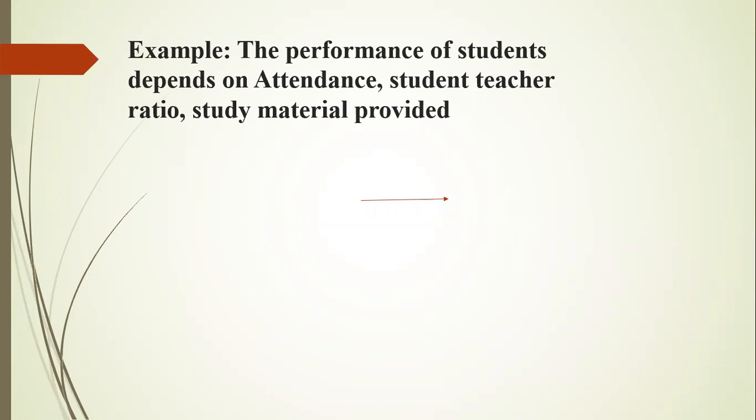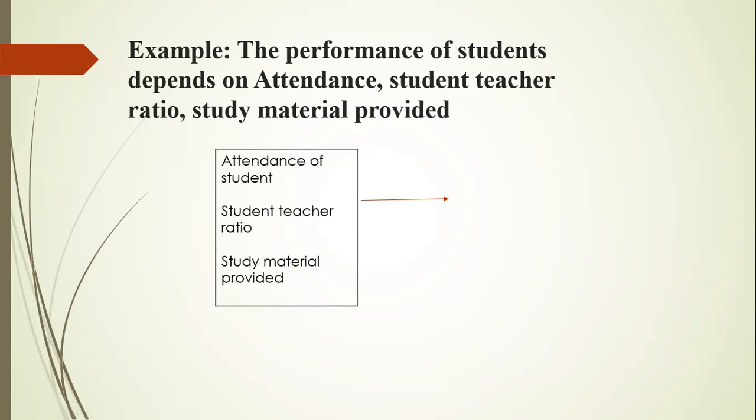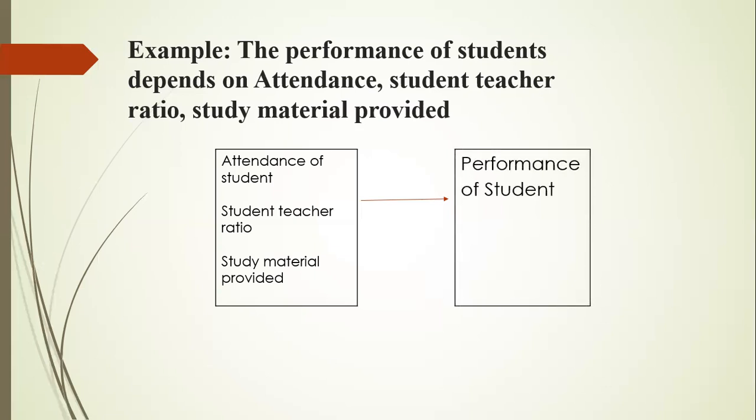So friends, whenever you are drawing up a model, all your independent variables will always come on the left hand side. All your dependent variables will always come on the right hand side. Is it making sense?